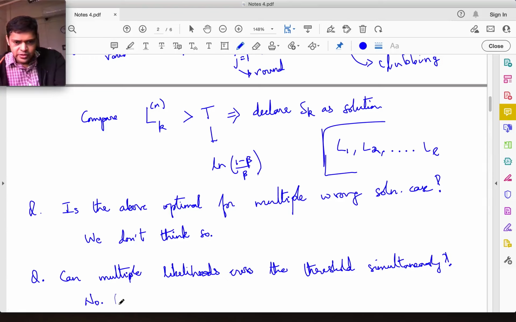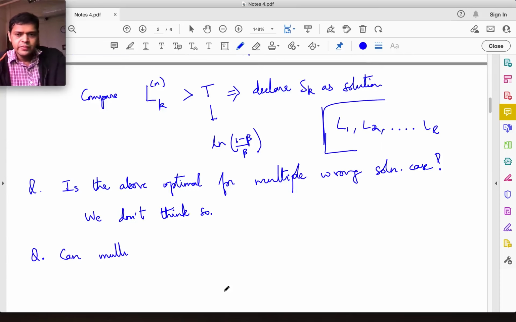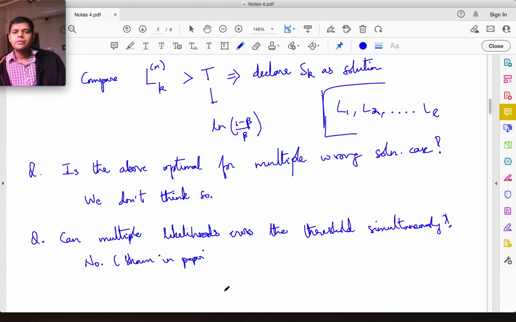So this is what we show in the paper. So we are guaranteed that we'll at most say that one of them is the solution, right?